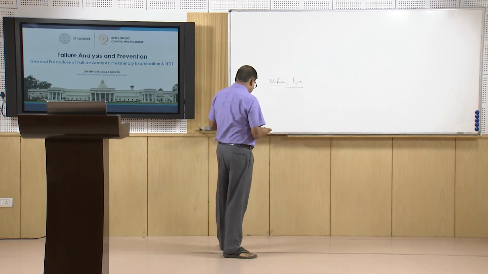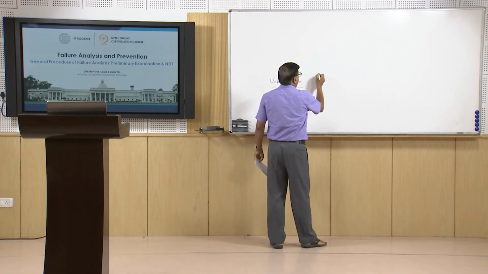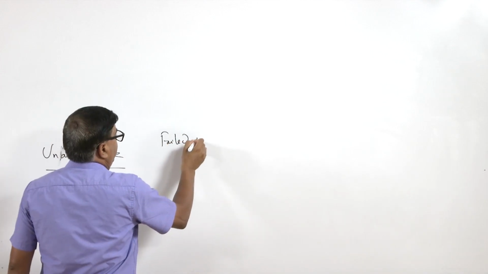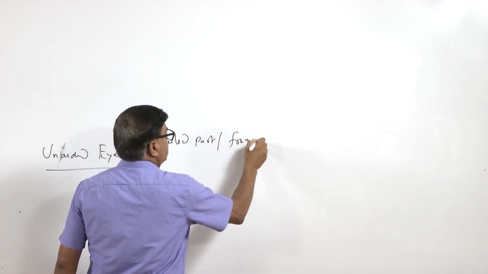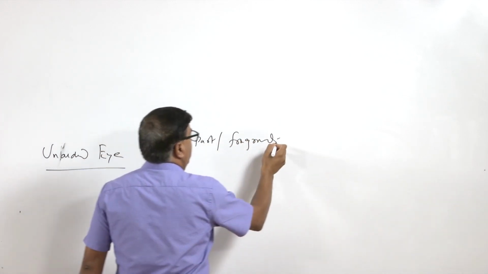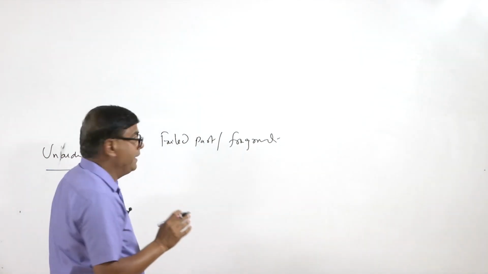So, there are some specific things which are checked through the visual examination, and I will be writing specifically those things, like what the failed parts and their fragments are, and how the fragments are related to the failed part.